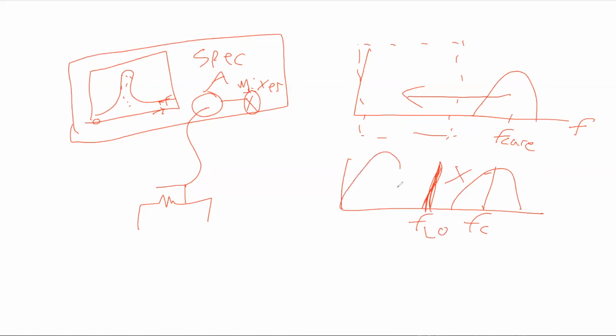Then we get to move this over here. And that's going to be F new, where F new is equal to the center frequency minus the local oscillator frequency that you're mixing with your signal. That's how you're able to make good measurements with an ADC that's this slow on signals that are as fast as the center here, the F care.